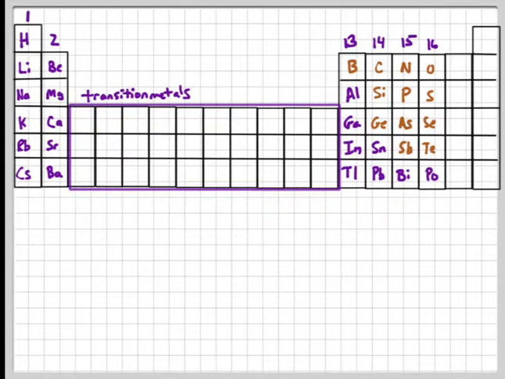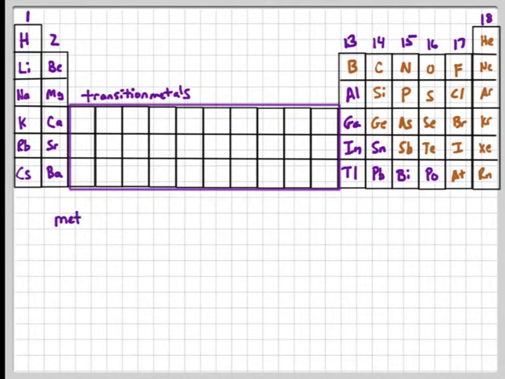And of course, elements like silicon and germanium and arsenic and antimony are sometimes considered semi-metals because they're right at the transition area in the periodic table as things go from metallic to non-metallic. Continuing, we have the halogens, and then we have the noble gases.